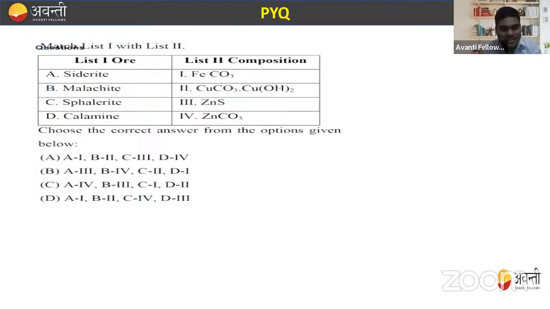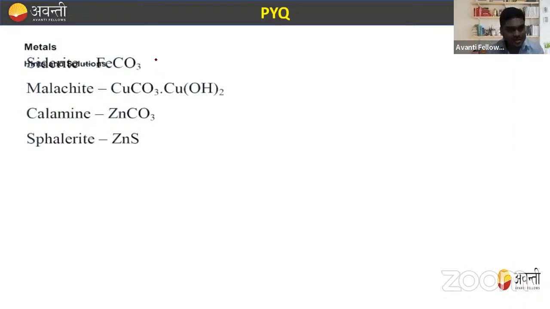Again, this question is similar to the previous one we already discussed. Siderite is FeCO3, malachite is copper, calamine is zinc carbonate, and zincite or sphalerite is ZnS.